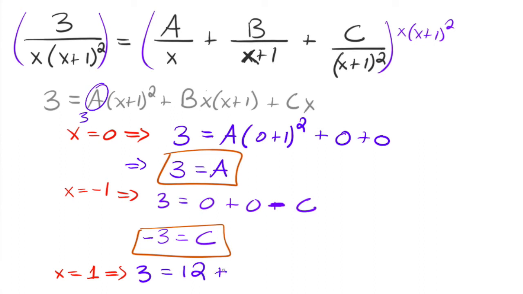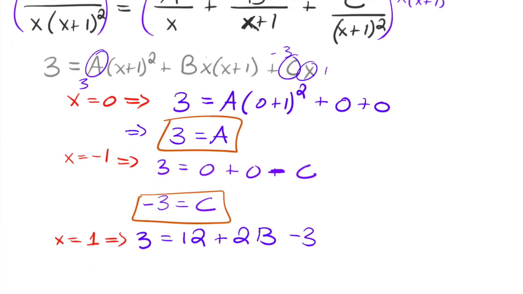And then plus 1 plus 1 is 2 times 1, so this is going to be 2b. And then here we have 1, and c I know is negative 3, so this is going to be minus 3. So then what I get is that b is equal to negative 3.